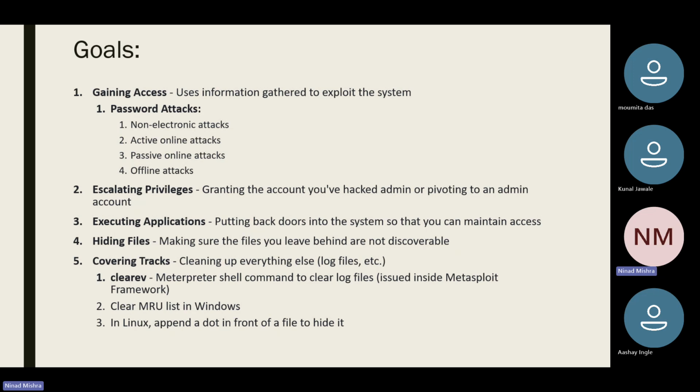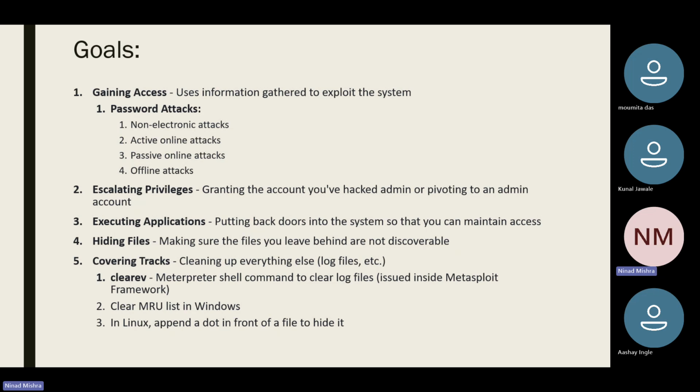Then comes executing applications. This is where the attacker will try to install a backdoor, because he wants to maintain access to the network and system. He wants to be in that system and network for a longer period of time.